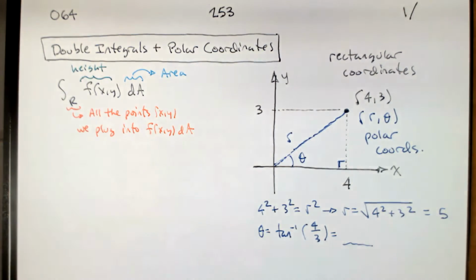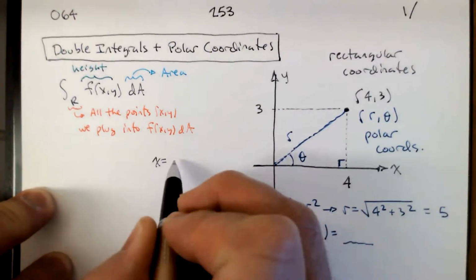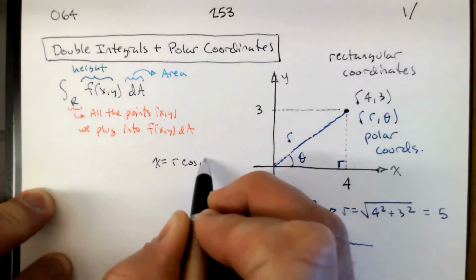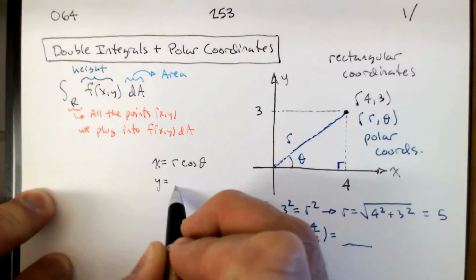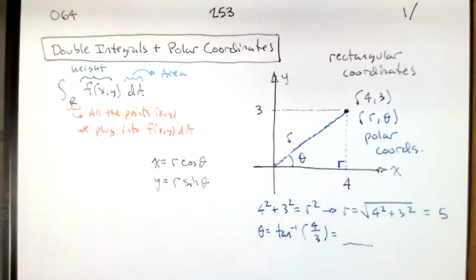And so we can say x is equal to r times the cosine of theta, and y is equal to r times the sine of theta. We can think of writing sine of theta is opposite y over hypotenuse r. So if we solve that, y is r sine theta. Any questions?